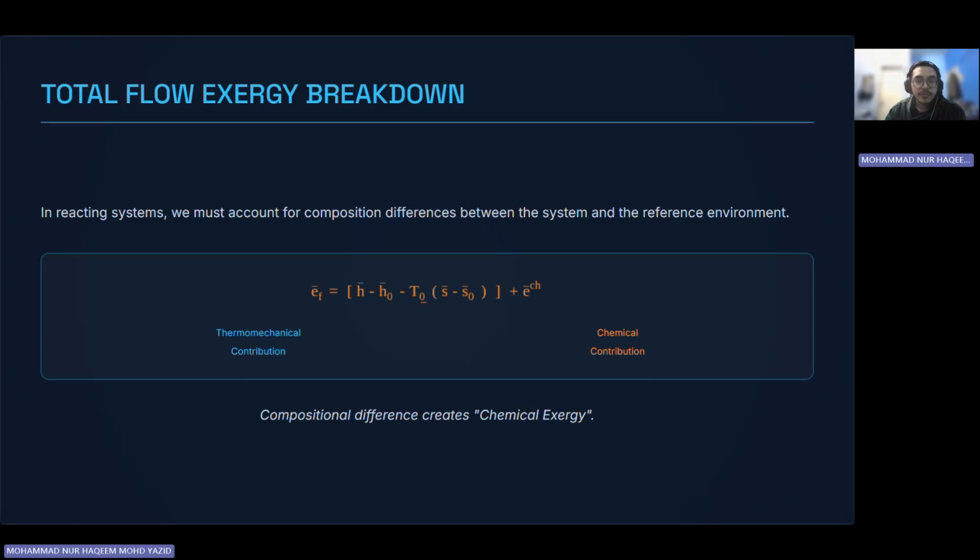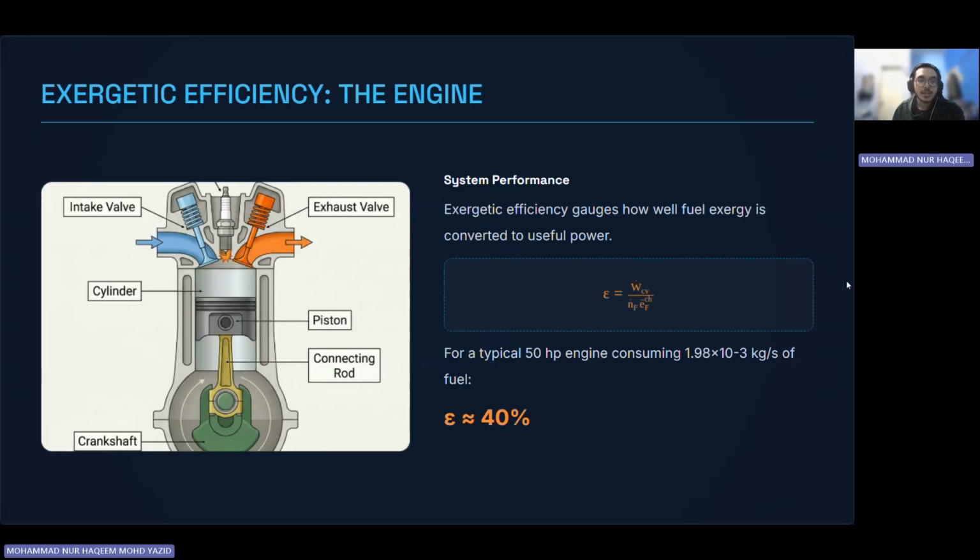The total flow exergy breakdown. In reacting systems, we must account for composition differences between the system and the reference environment. Here's the formula we can see. The exergetic efficiency, the engine system performance.